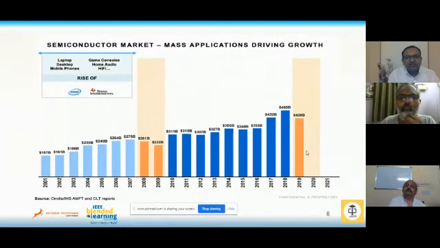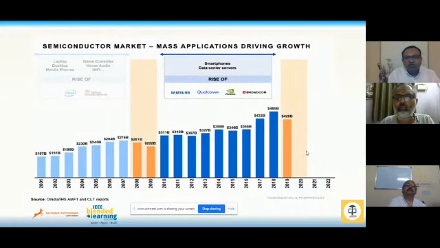So that defined the first decade of this millennium. And you see the progression of the semiconductor market growth in terms of billions of dollars. As you see, it was about $150 billion way back in 2001, and in 2020 we are close to about $450 billion.